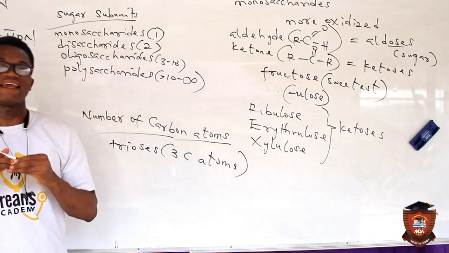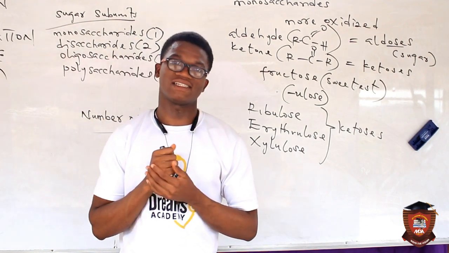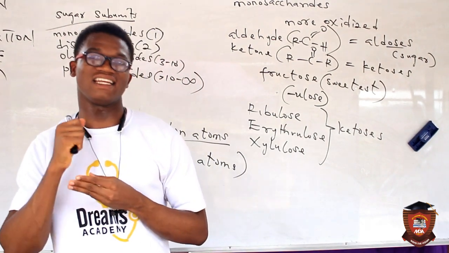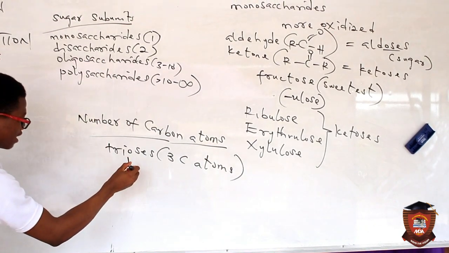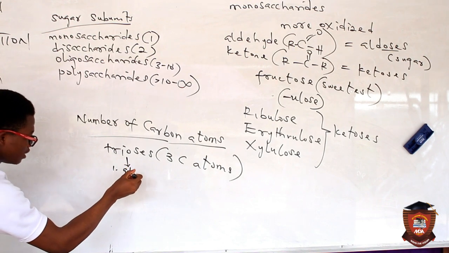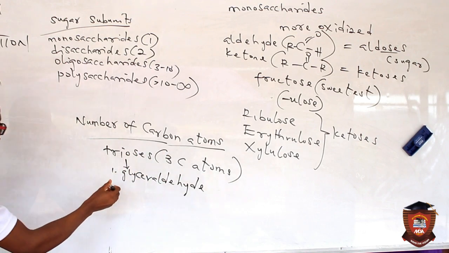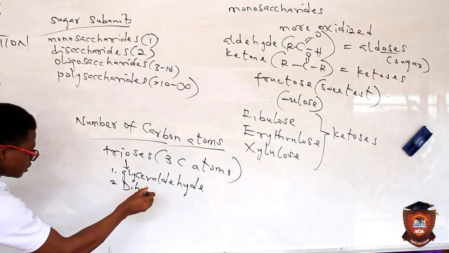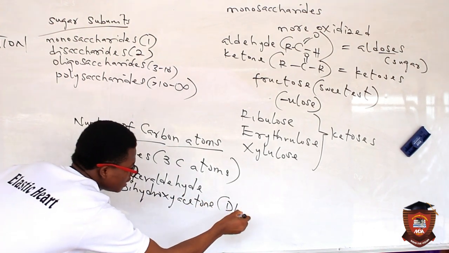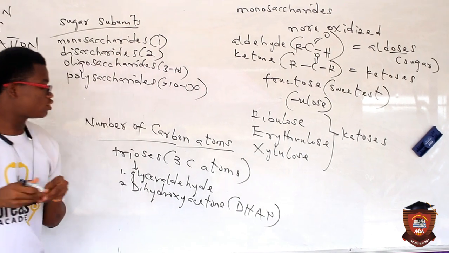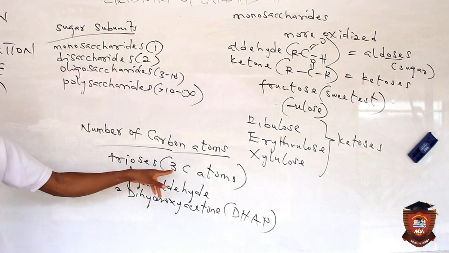The trioses have 3 carbon atoms, and of all the trioses, the most important are glyceraldehyde and dihydroxyacetone. So under trioses, we have glyceraldehyde, and we have dihydroxyacetone, DHAP for short. So these two are trioses. They are called trioses because they have 3 carbon atoms.